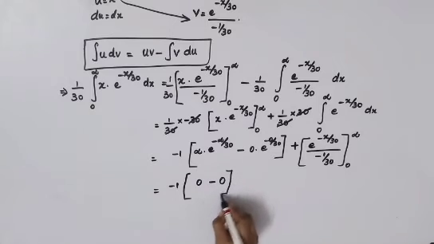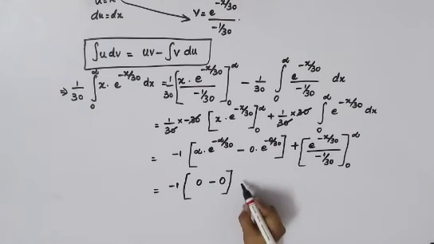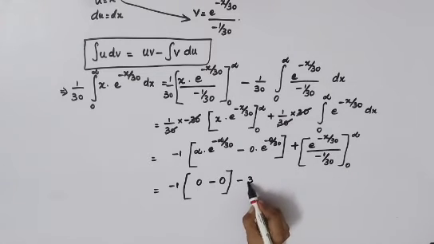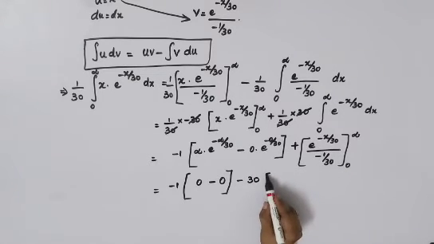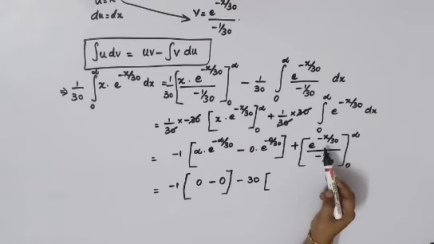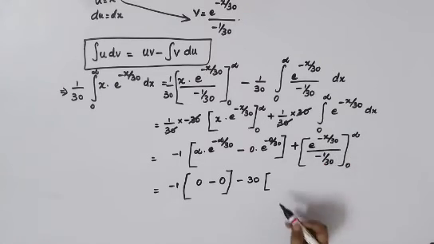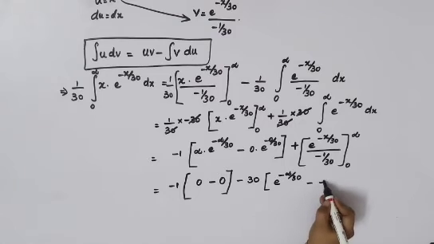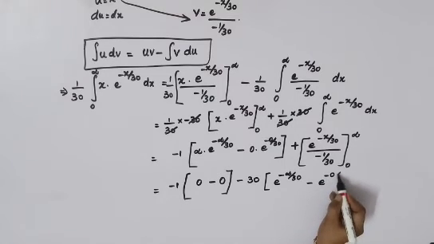So altogether your first part will become 0. Plus into minus is minus, and the reciprocal of 1 by 30 is 30 in the numerator. Then open the bracket, only e power minus x by 30 is there. Now substitute upper limit minus lower limit: e power minus infinity divided by 30 minus e power minus 0 divided by 30.